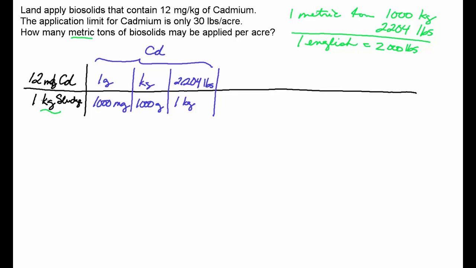So anyways, we get kilograms of sludge down here. So I'm going to put kilograms up here, and for every 1,000 kilograms of sludge, that's equal to 1 metric ton.